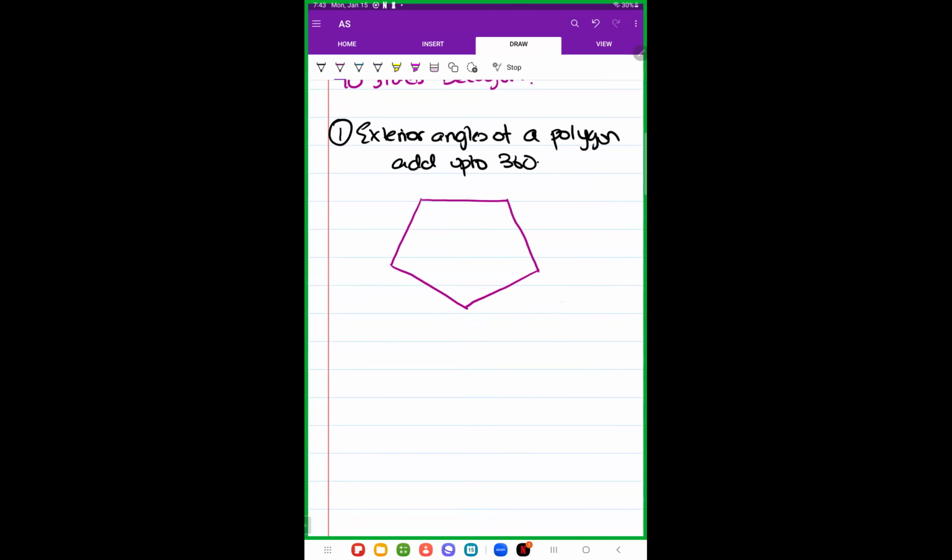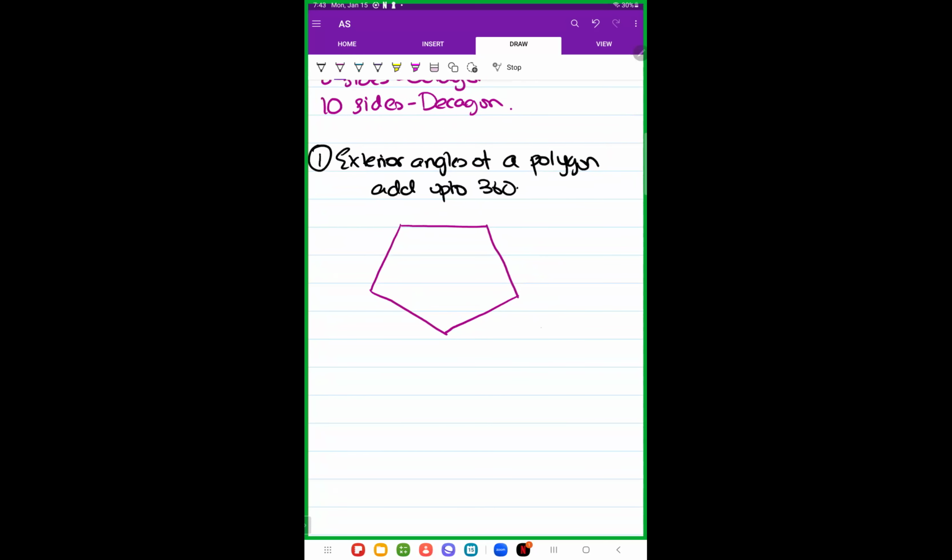It says the exterior angles of a polygon add up to 360. Exterior angles means the outside angles. So I'm just going to label the exterior angles. This is an exterior angle. This is an exterior angle. Any side that is extended can make an exterior angle, okay? Any side.